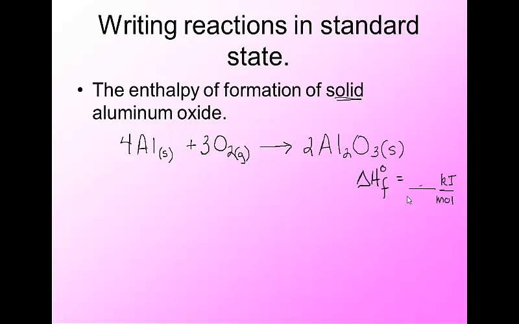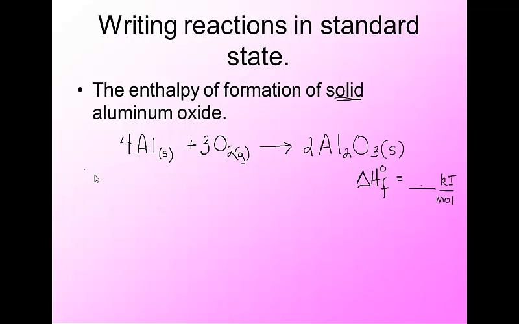Right? Well, there's a disconnect between the way the reaction is written and the units of the enthalpy change. The reaction is written so that there are 2 moles of the aluminum oxide, but the heat of formation is for only 1. So we have to manipulate the reaction for it to reflect the heat of formation. Well, that's easy enough to do.